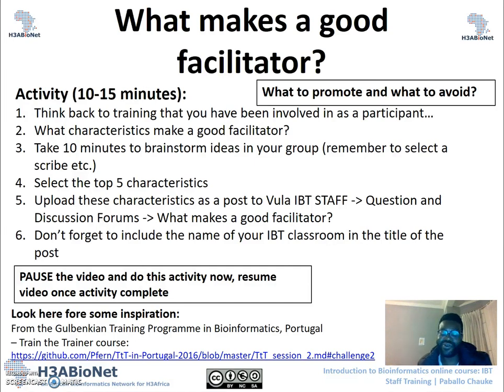It's obviously going to be different for different people, but try and picture yourself going back to a point in time where you attended a conference and there was some training involved, or whatever training you attended. I believe that we've all attended some sort of training. So please reflect on that. What characteristics make a good facilitator?